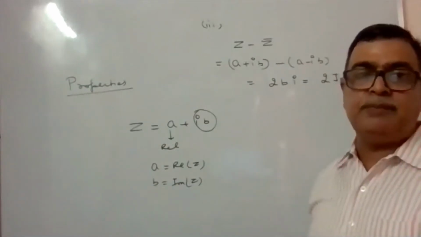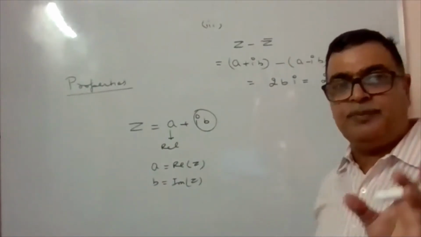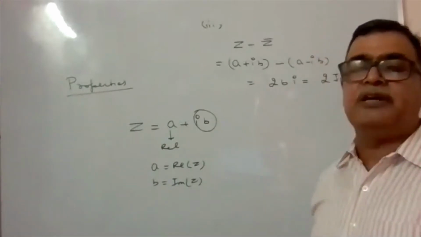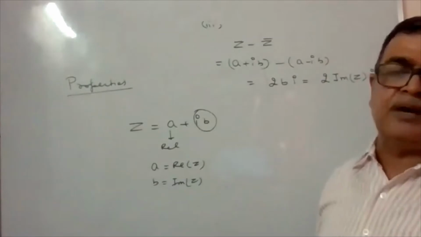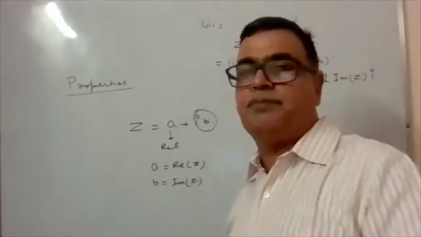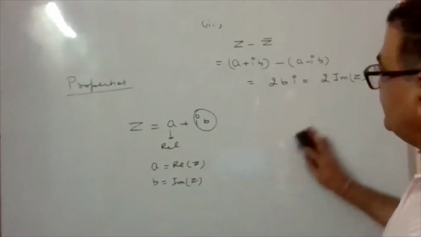But B will be the imaginary part. Imaginary part means that real number which is coming with iota. So B will be a real number definitely, but as it is coming with iota, it will be called the imaginary part. So that we should clear.